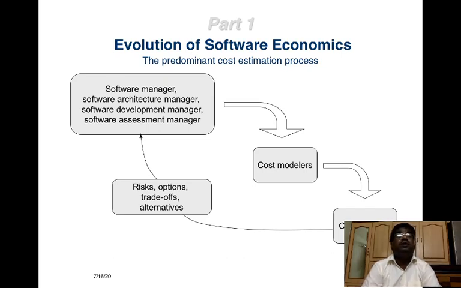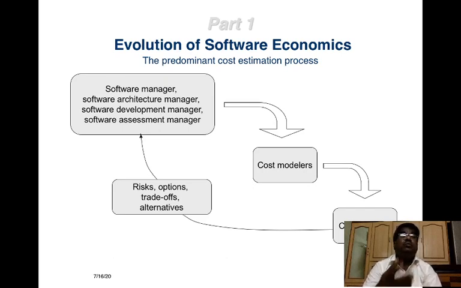So the people who are going to be involved in the project cost estimation, pragmatic cost estimation, are the software manager, software architecture manager, software development manager, and software assessment manager. So four main essential key persons are going to estimate the cost of the project.